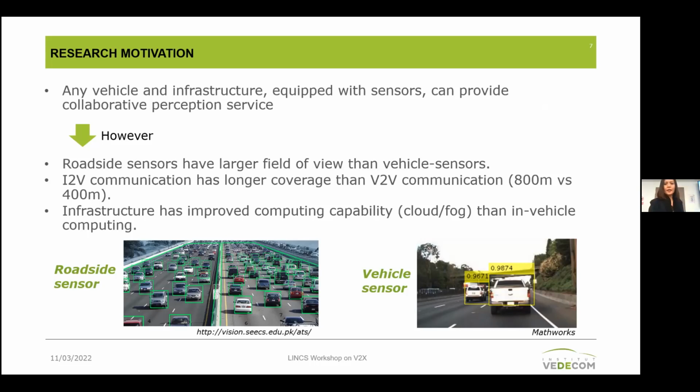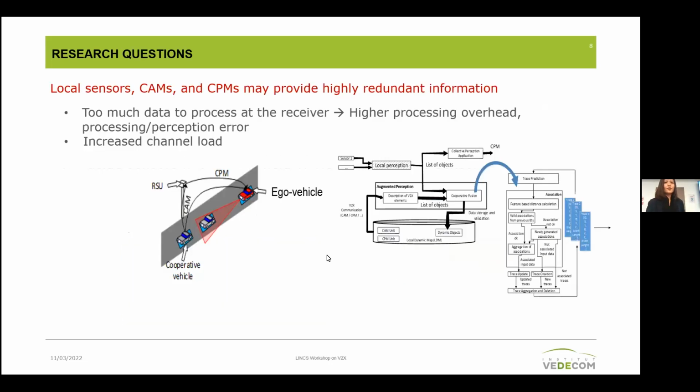Having this in mind, our research question is: let's say everybody is sending CPMs, vehicles and infrastructure, what happens at the receiver side? Imagine a very simple scenario: we have an ego vehicle equipped with a sensor, detecting a vehicle in front of it. There's a roadside sensor sending CPMs, and possibly another vehicle sending messages.